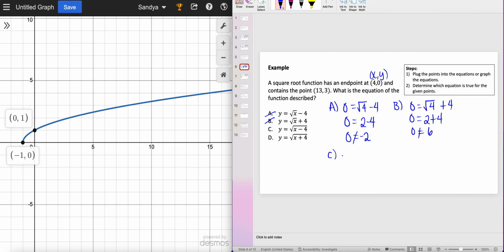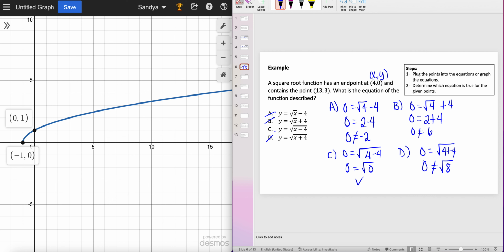If we try C, now we get 0 equals the square root of 4 minus 4, which tells me that 0 equals the square root of 0, which is in fact true. If we try D, we get 0 equals the square root of 4 plus 4, which tells me that 0 equals the square root of 8, which is not true.